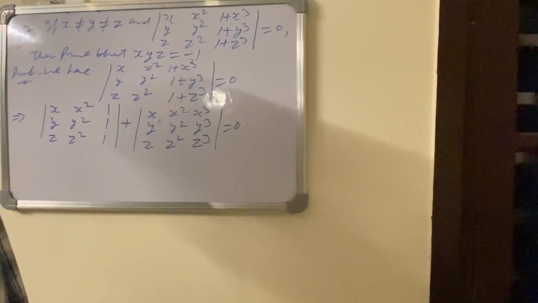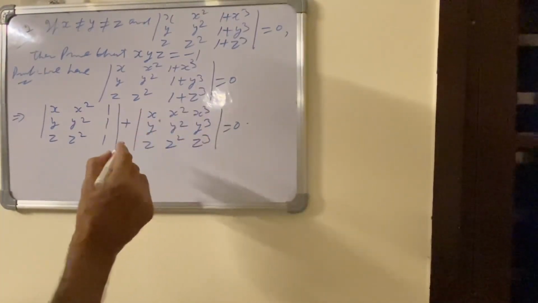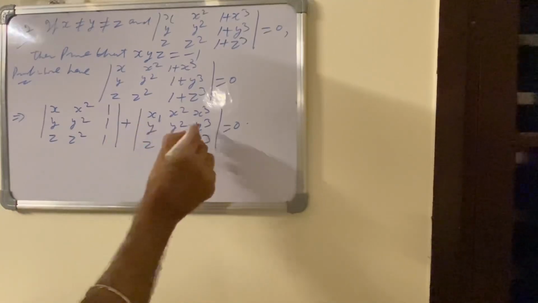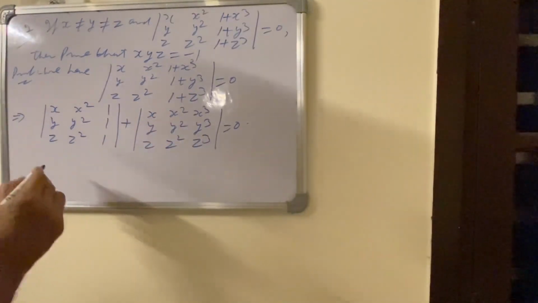Then in the second determinant, we shall take x common from the first row, y common from the second row, z common from the third row.